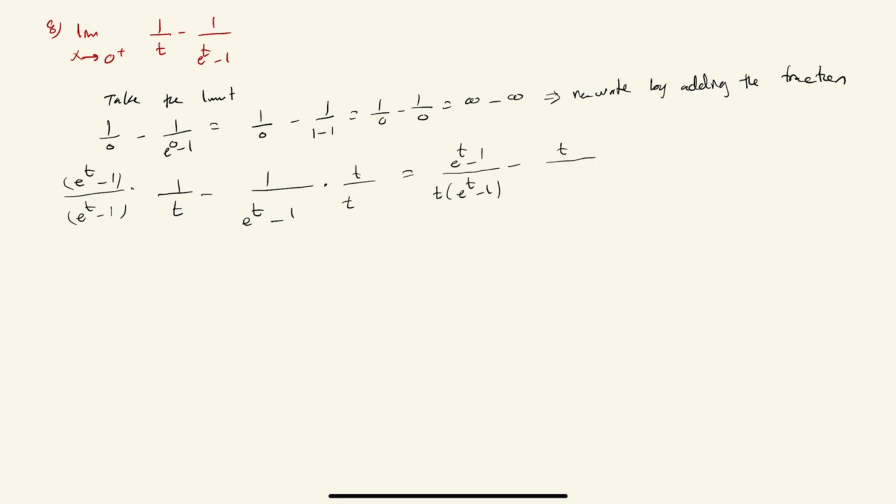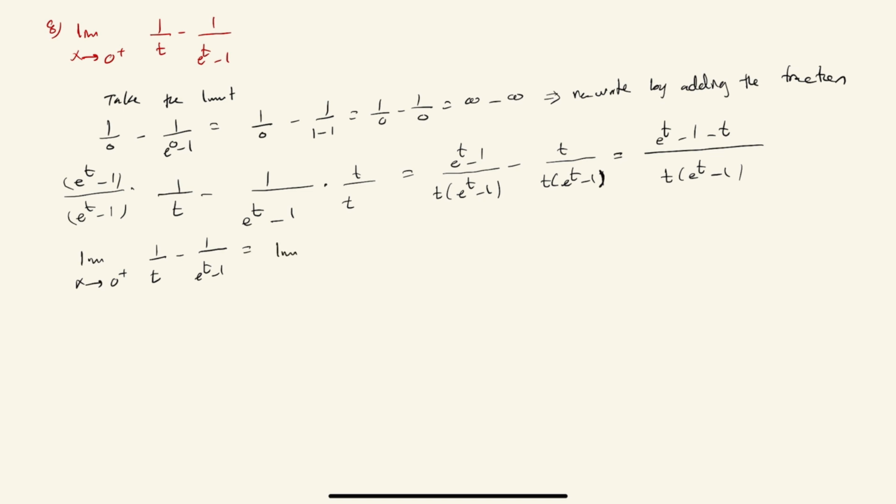Now since we have the common denominator, we can subtract these. So the bottom is gonna be t multiplied by (e to the t minus 1), and the top is gonna be e to the t minus 1 minus t.